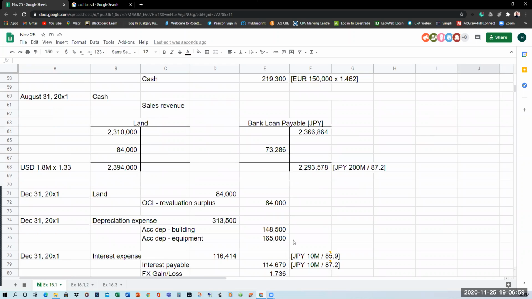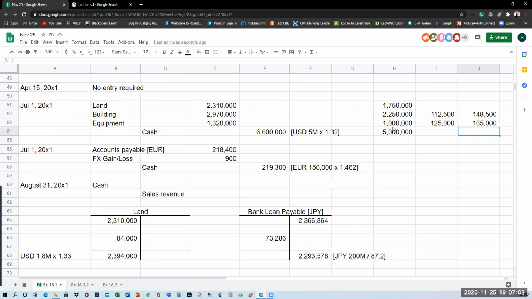Well, that's what we've recorded for the depreciation. And we didn't have to calculate the amounts in US dollars, because all we did was use the Canadian dollar cost and allocate that. Does that make sense?